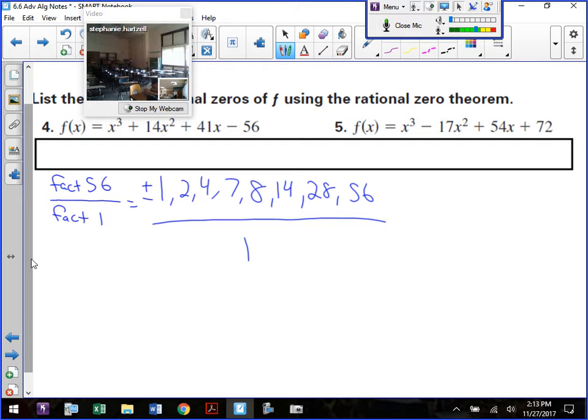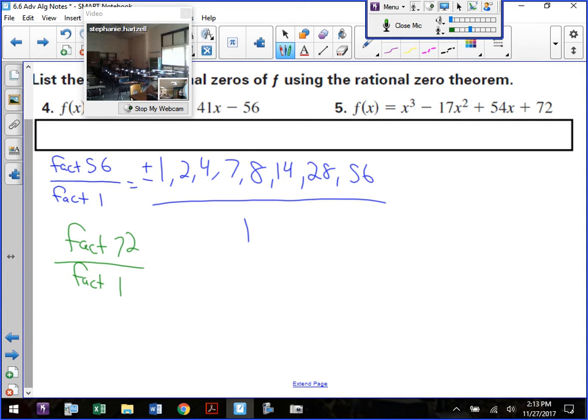Now, if I look at the next one with the 72, I have the factors of 72. Let's see, 1, 2, 3, 4, 6, 8, 9, 12.